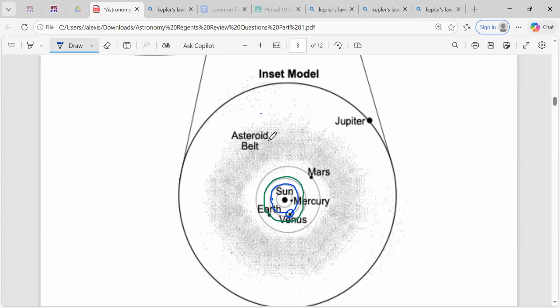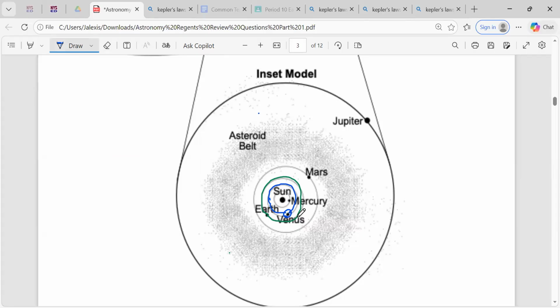So one of the things you'll see right away is that all of Venus's orbit, the blue orbit, is inside Earth's green orbit at all times. So Venus is inside of Earth's orbit, not outside. If Earth's orbit is green and Venus's orbit is blue, it is always inside of Earth's orbit.